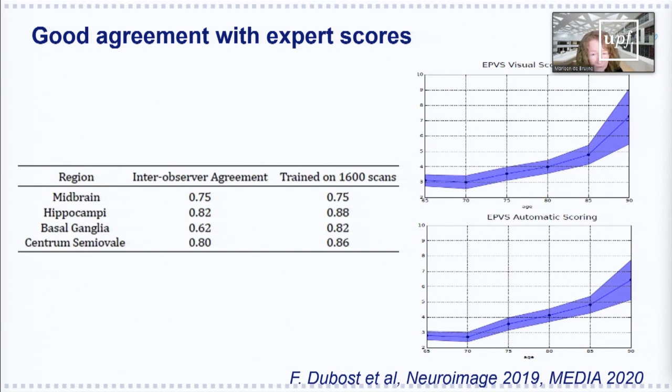And what you see here is the performance of a model trained on 1600 scans, so a pretty large data set. But these are labels that were already readily available from previous clinical studies. If we train the model on 400 images, performance is a little bit worse, but still good. If we go much lower, performance gets significantly worse.